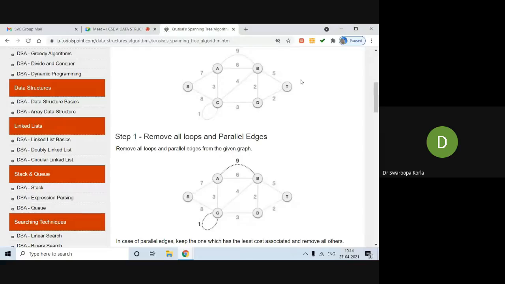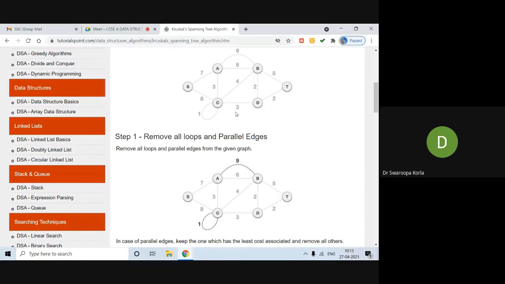And step 1, the rule 1 is, this is a given graph. For this, I want to find out the MST, minimum spanning tree. That should be least cost. What the first step is nothing but we should be able to remove loops and parallel edges of the above given graph. Let us recall again what is a loop and what is a parallel edge.